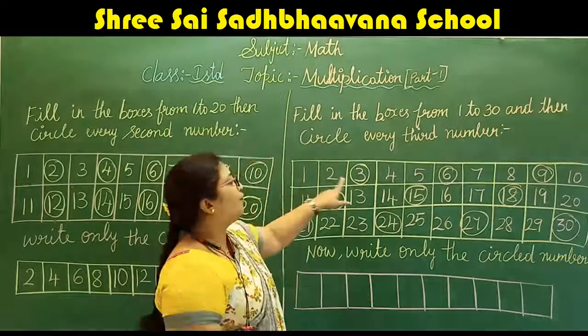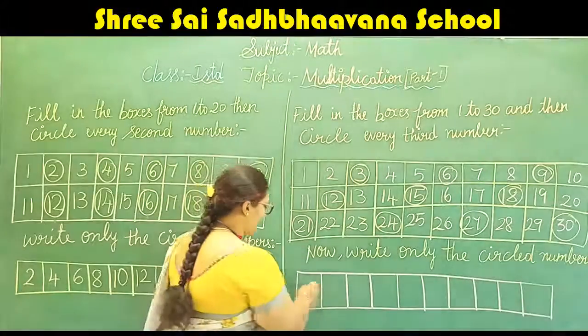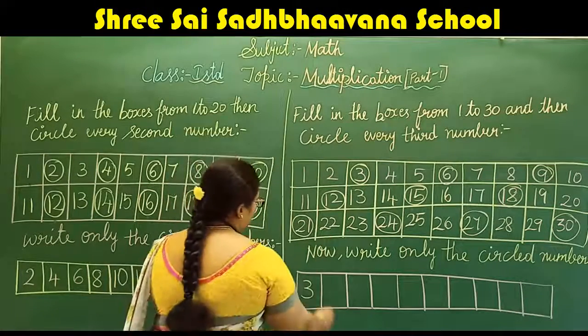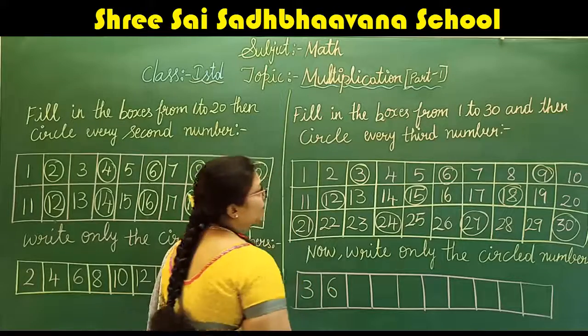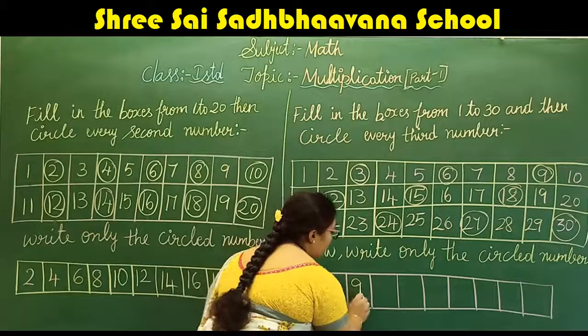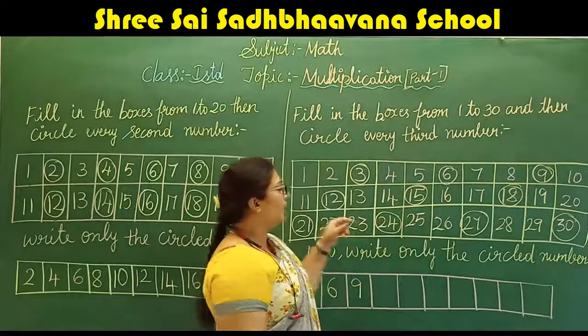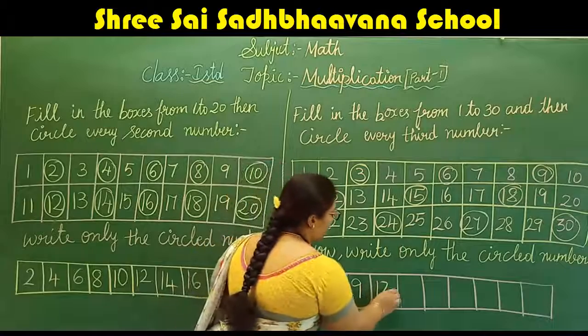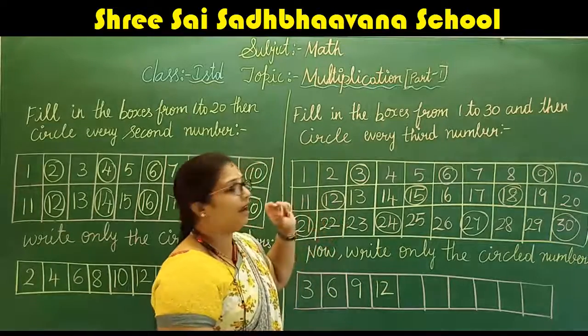Okay. So 3 is circled, write 3. Then 4, 5, after that 6 is circled, write 6. And 9 is circled, next number, write 9. And 12 is circled, write 12.